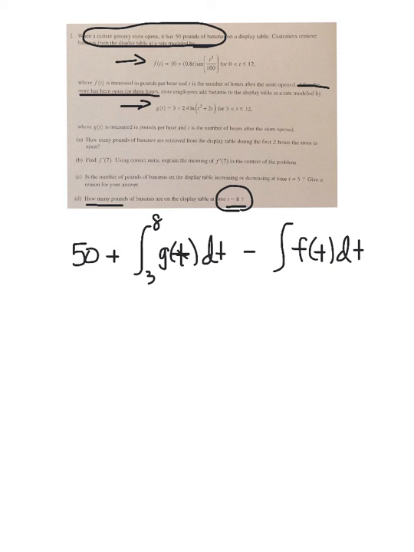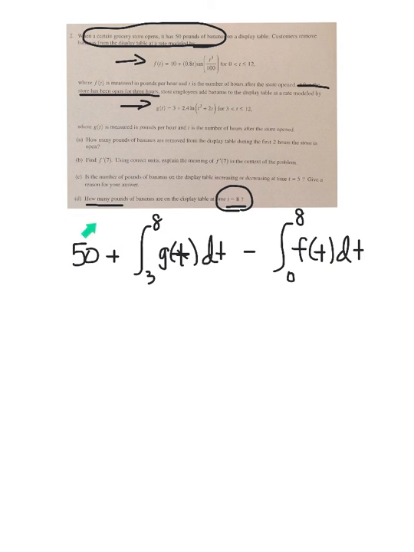So this integral is going to go from 0 to 8. So I'm going to say that again. The rate of removing, people walk into the store as soon as they open those doors, that's time 0 to time 8. And the reason why we're using time 8 is because it says it right here at time 8. However, they don't start adding bananas until time 3 because it said after 3 hours.